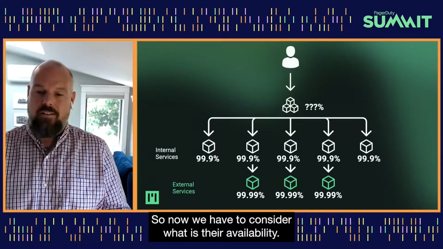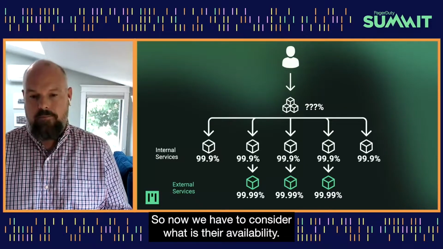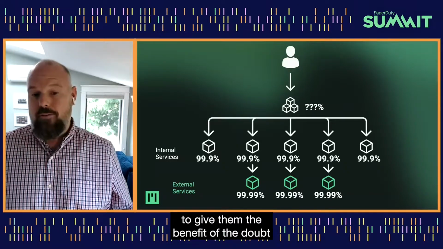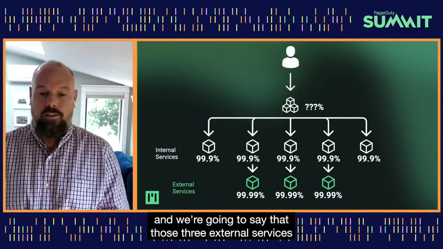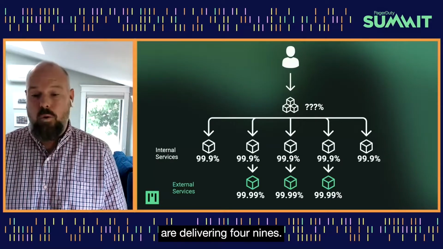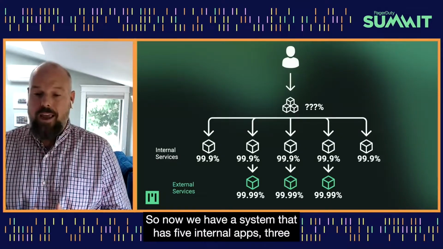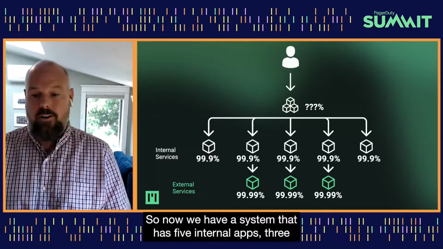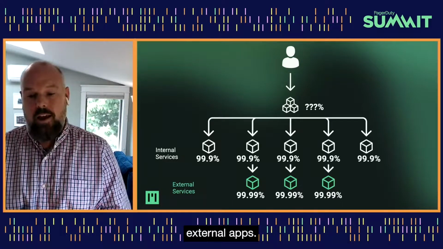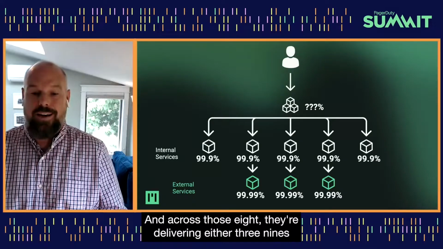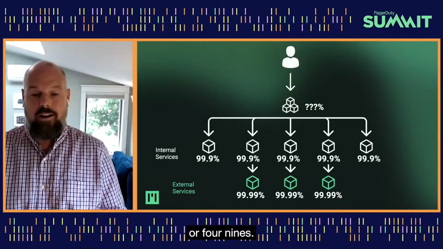So now we have to consider what is their availability. And for this example, we're going to give them the benefit of the doubt, and we're going to say that those 3 external services are delivering 4 nines. So now we have a system that has 5 internal apps, 3 external apps, and across those 8, they're delivering either 3 nines or 4 nines.